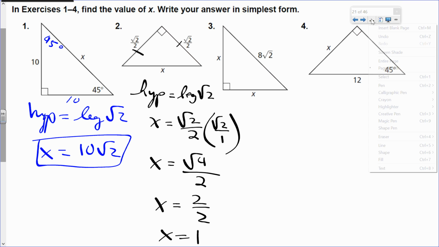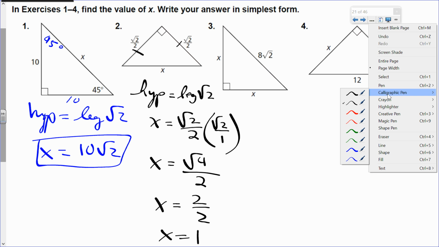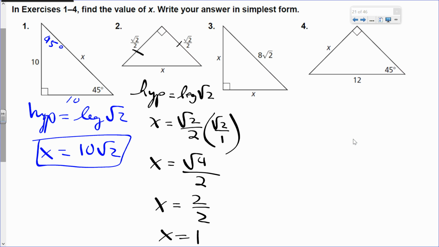All right. Number 3. Is that 45, 45, 90? Yeah. Argument. Beautiful. Legs are the same. 45, 45, 90. I'm going to write it down. Write it with me.